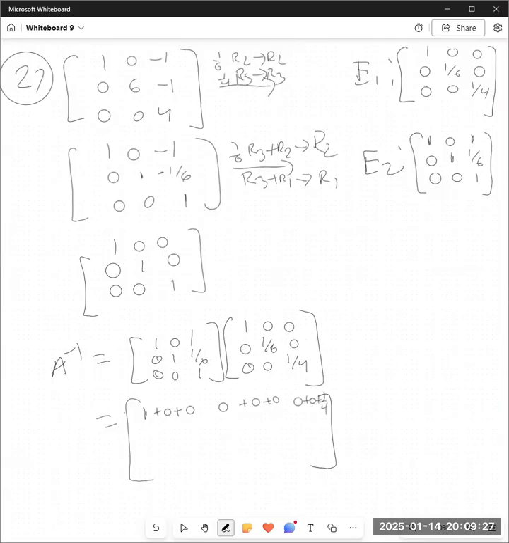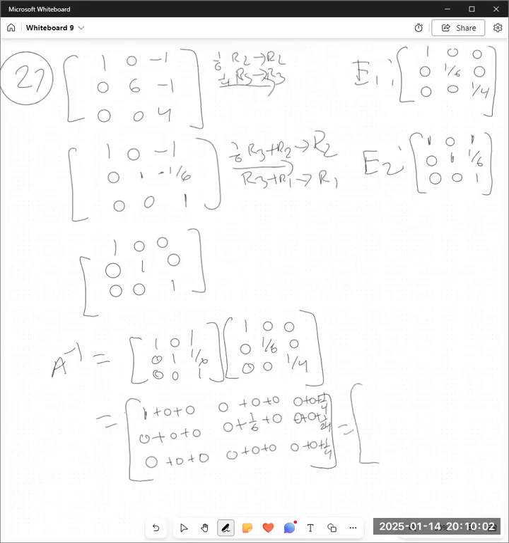Then we have 0 plus 0 plus 0, 0 plus 1/6 plus 0, 0 plus 0 plus 1/24, 0 plus 0 plus 0, 0 plus 0 plus 0, 0 plus 0 plus 1/4.